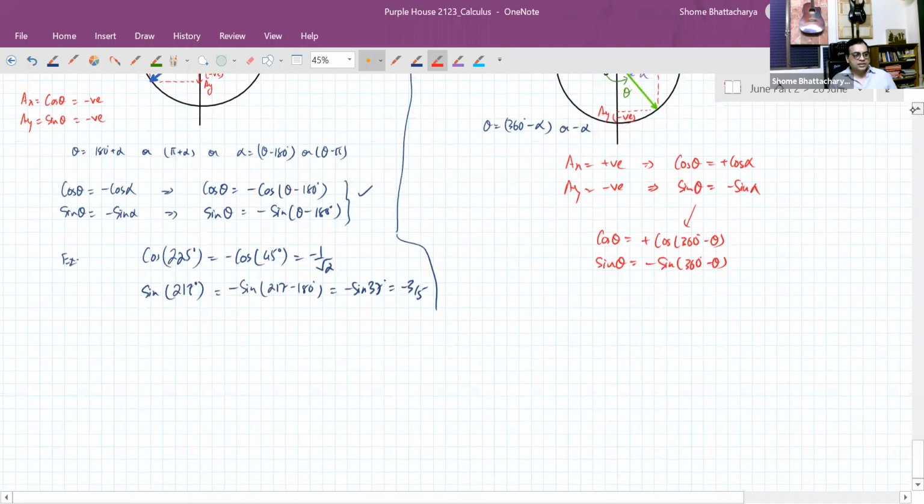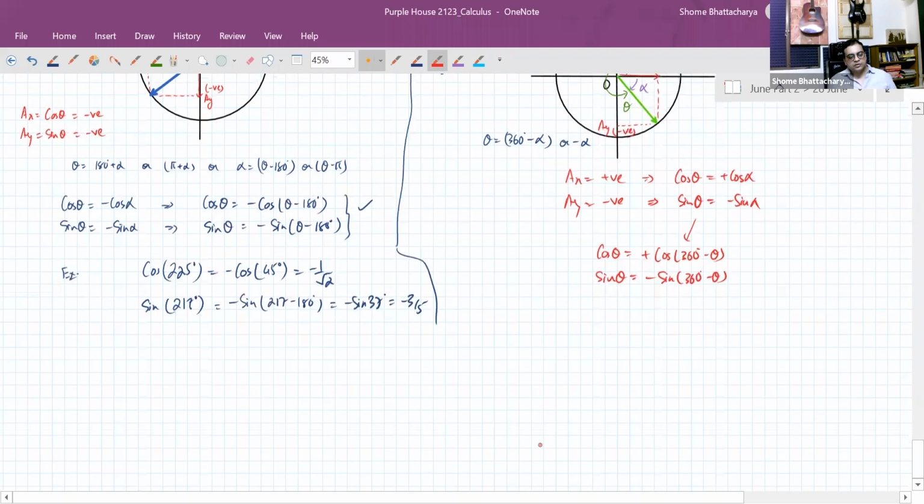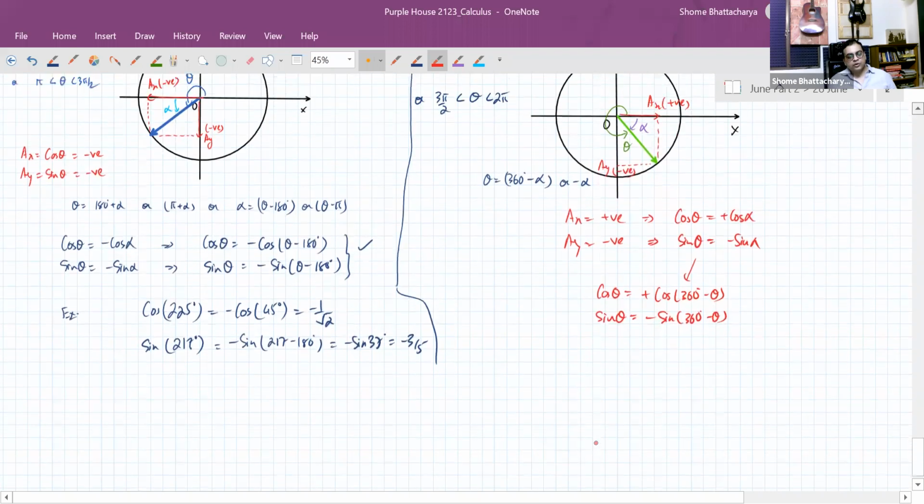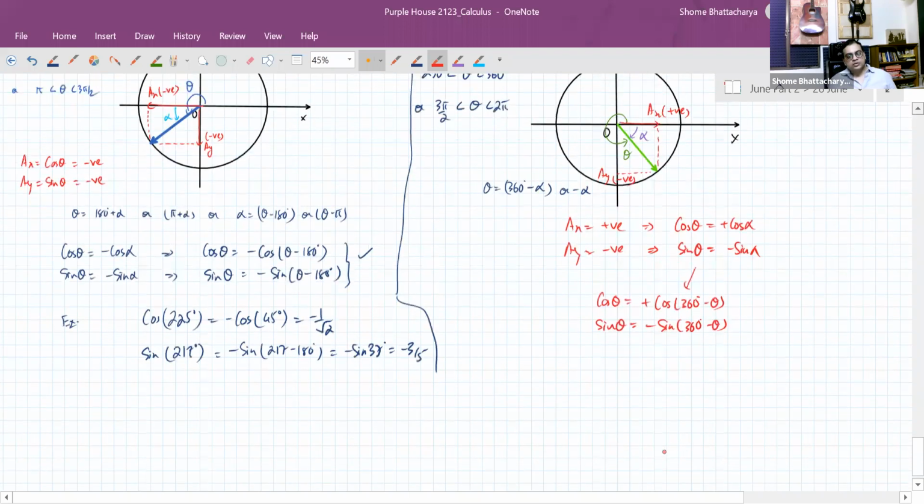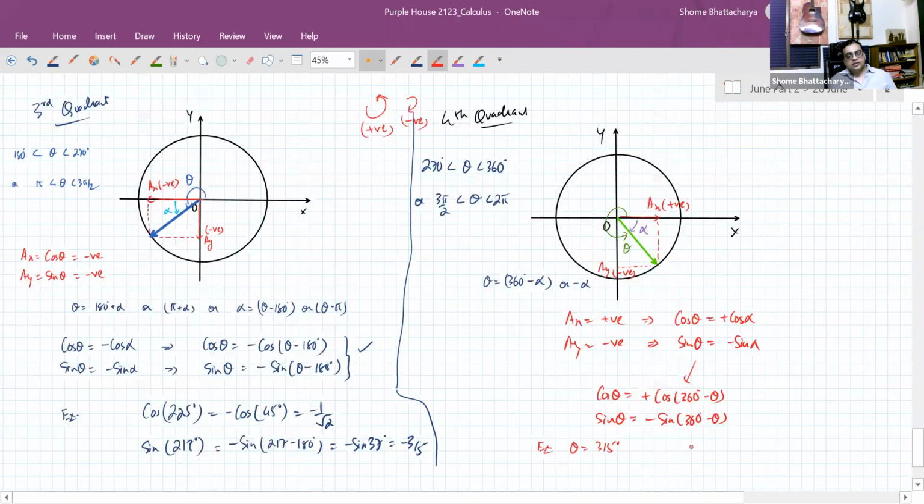So for example, 315 degrees is an example in the fourth quadrant. So cos of 315 will be positive of cos of 360 minus 315. It will be positive of cos 45. So 1 by root 2.